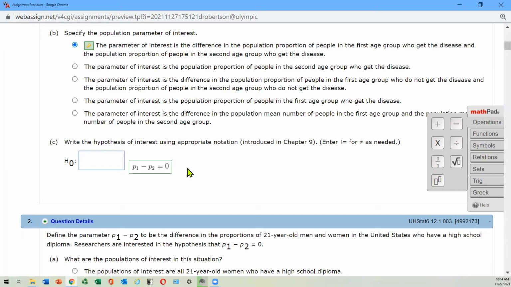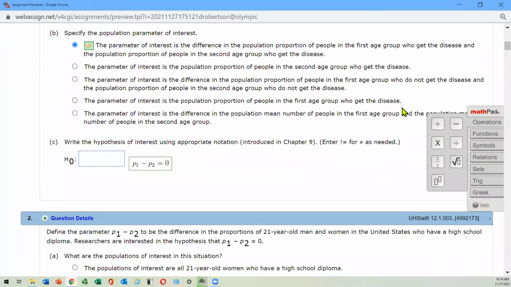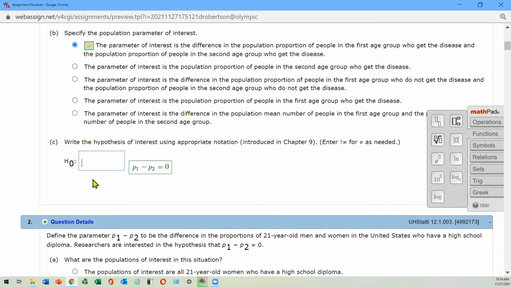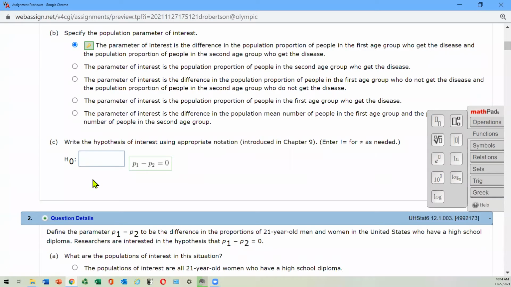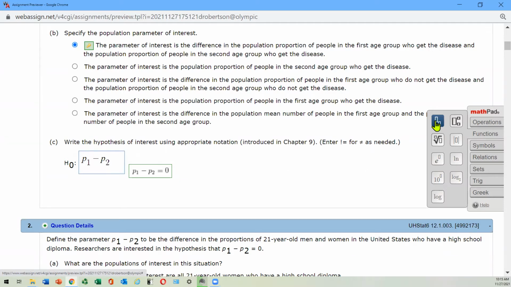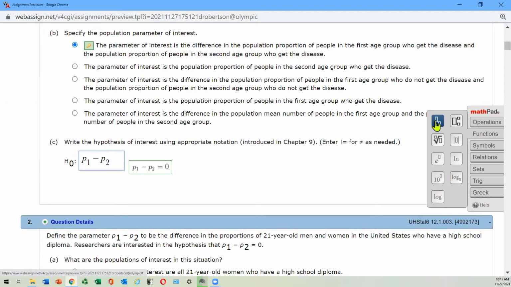So let's see what we have here. It's not that one, that's for sure. Subscripts, operations, functions. There we go. Subscripts, that one there. So we're going to do P subscript 1 take away P subscript 2 equals 0.